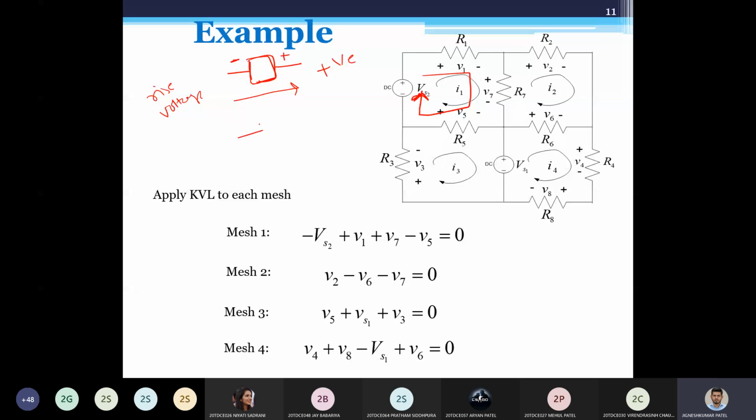And whenever I am going positive to negative across any element, in that case I'll get this as negative, or I can say voltage drop.